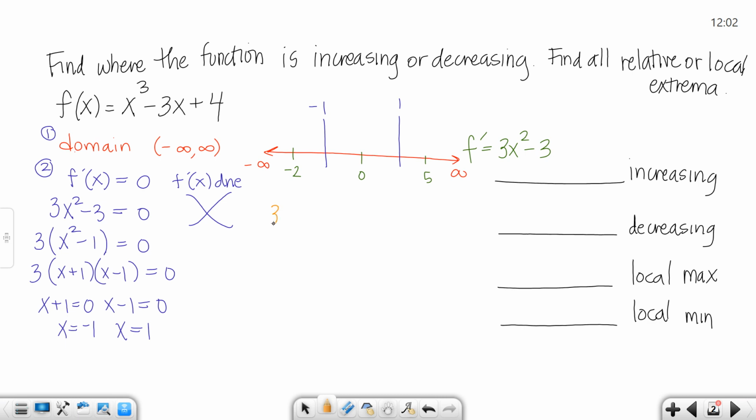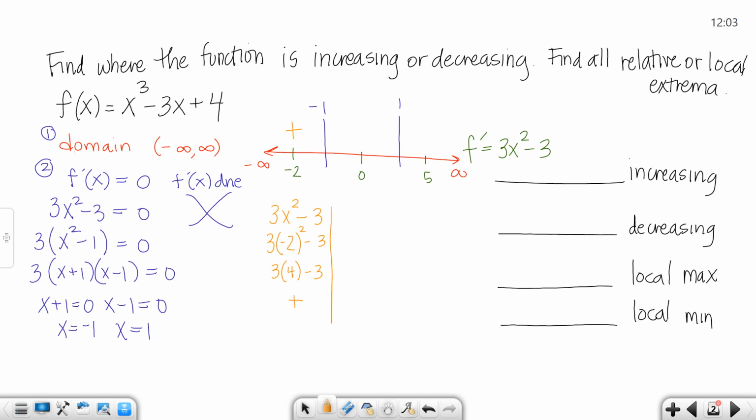My first digit to plug in is negative 2. That gives me 12 minus 3, which is 9. What's more important to me is that it is positive.